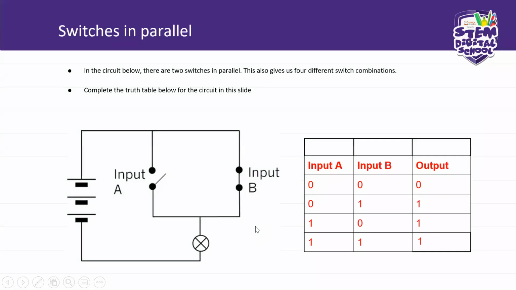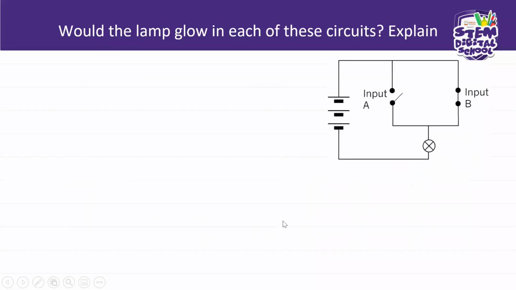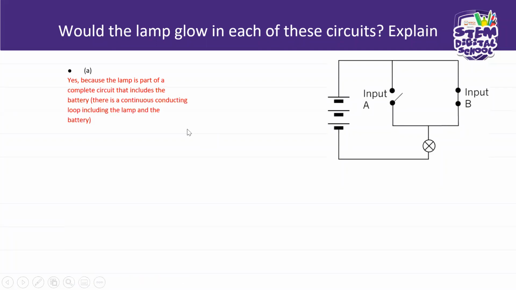Right. Would the lamp glow in each of these circuits? Yes. The lamp will glow. Okay. Because the lamp is part of a complete circuit that includes the battery. It's a complete circuit. Even without this open switch, this circuit is complete.